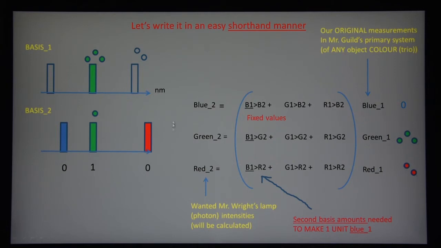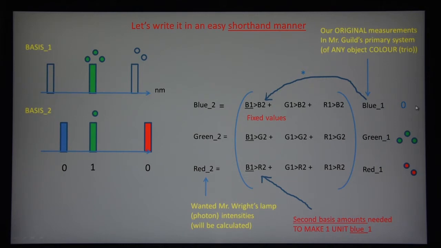And now you want to calculate what the viewers of Mr. Wright would tune as intensities of the lamps of his different system, with a different blue and a different red. And you can calculate that by simply doing these multiplications.